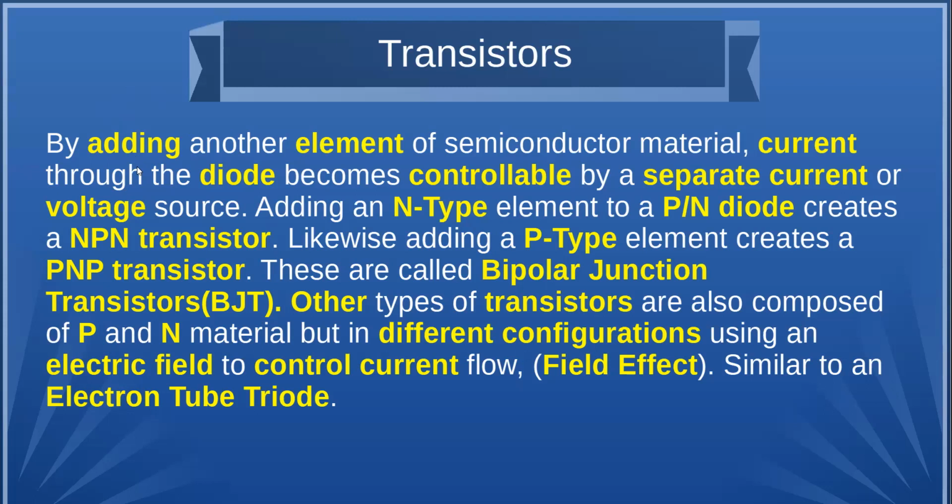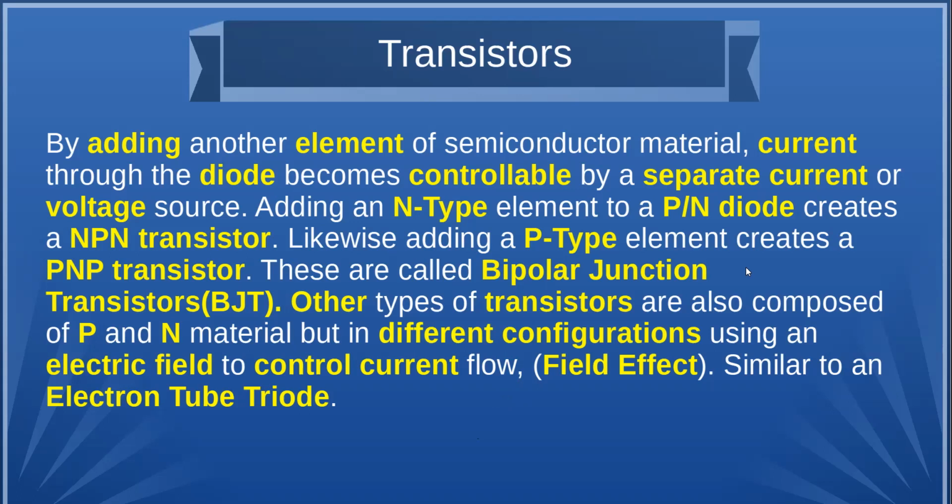So if we take and put two N-type pieces of semiconductor material with a P-type in the middle, we have the diode plus another one, and it turns out that the current between the P-type and the N-type, which would be the emitter, and the P-type would be the gate, will control the current flow between the collector, which would be the other N, and the emitter, which is N on the opposite side. So it makes a little sandwich.